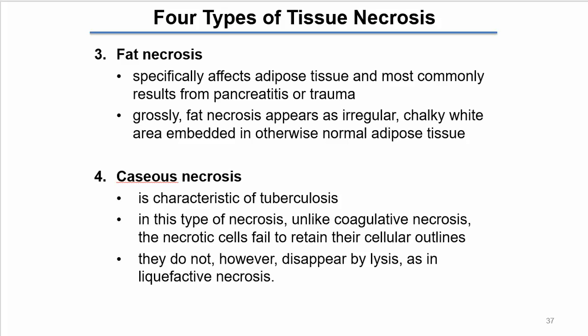And the tissue is dead, but it's not coagulative necrosis, but it also doesn't disappear. So it's not liquefactive. It's something in between. And it ends up with a cheese-like texture. And that's why it's called caseous necrosis. The big thing for that is tuberculosis.